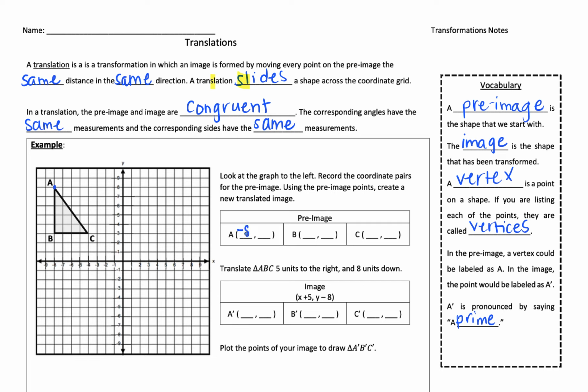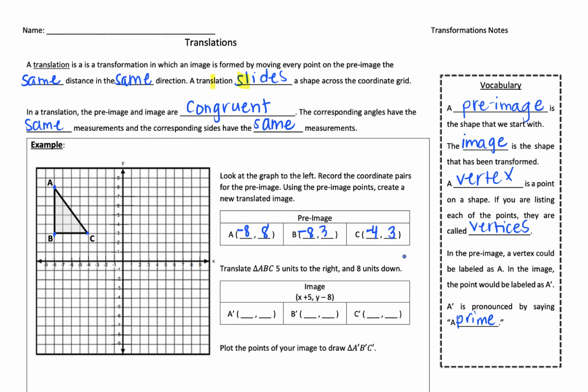So the coordinates of that point are (-8, 8). Point B is right here. That's at (-8, 3). And point C is right here. That is at (-4, 3). So those are the coordinates of our pre-image.